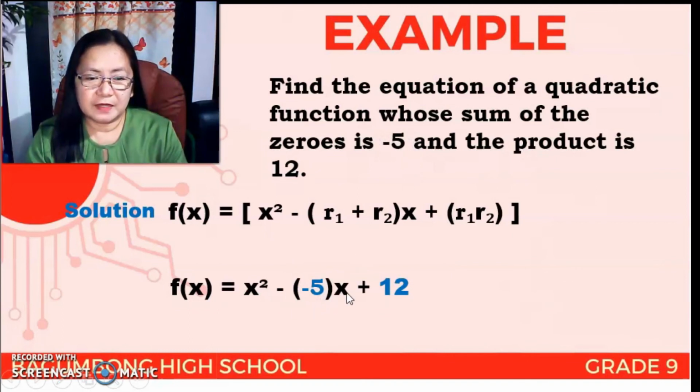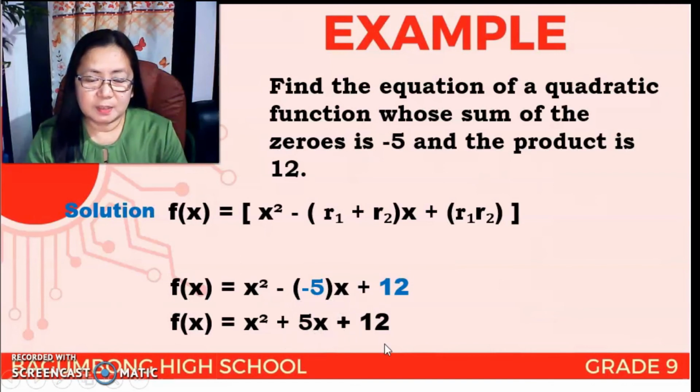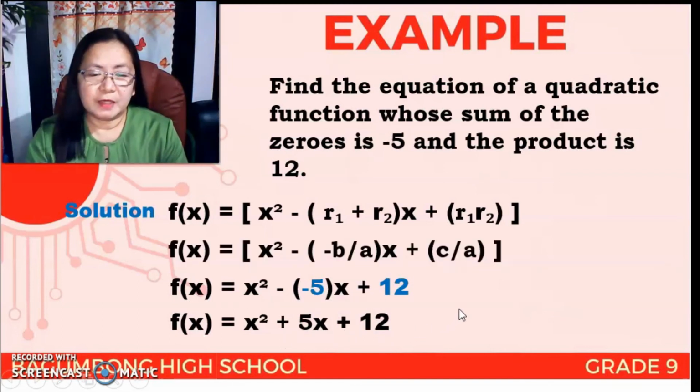So negative 5x plus r sub 1 times r sub 2, the product of the roots, which is positive 12. Simplify. f of x is equal to x squared minus negative 5x is positive 5x plus 12. Or you can also use negative b over a for the sum of the roots, or c over a for the product of the roots.